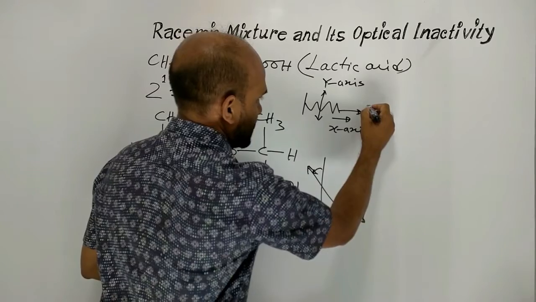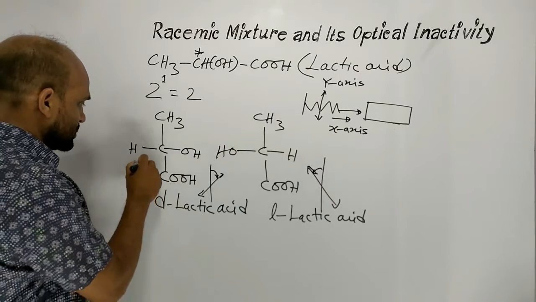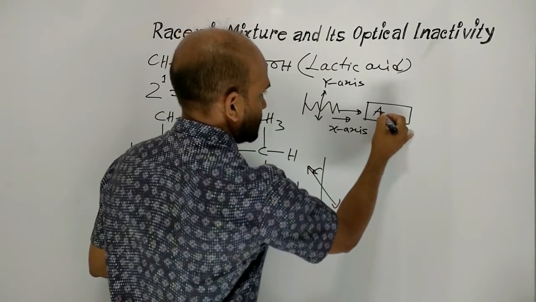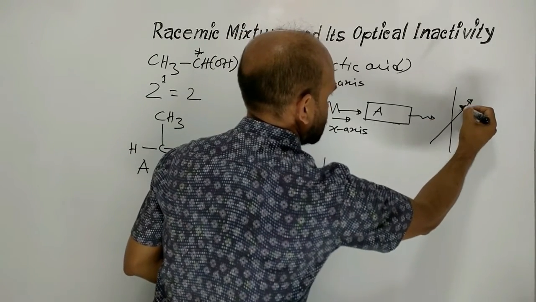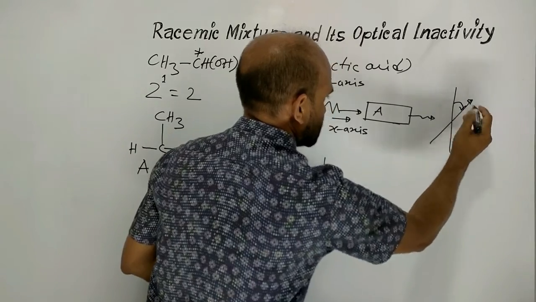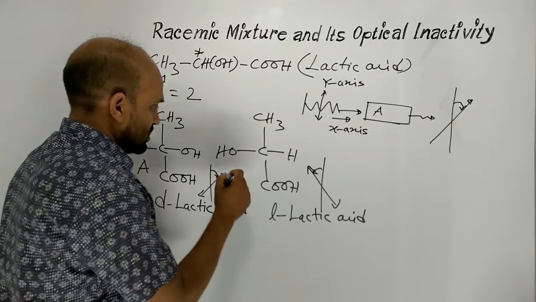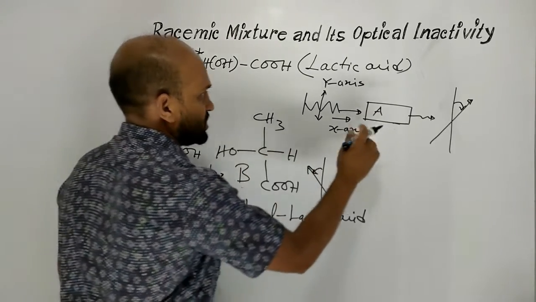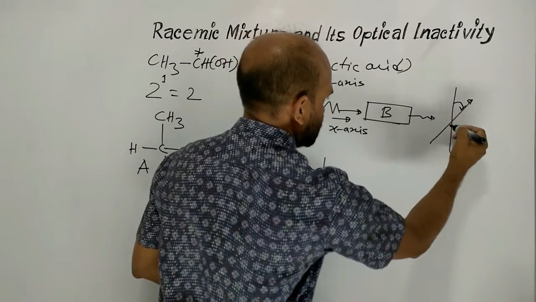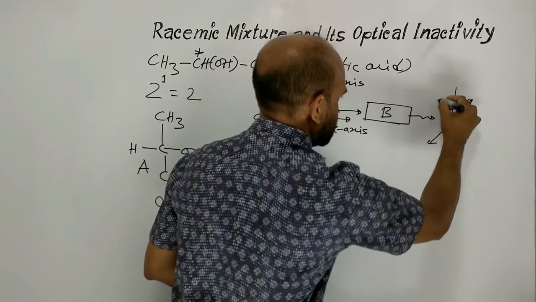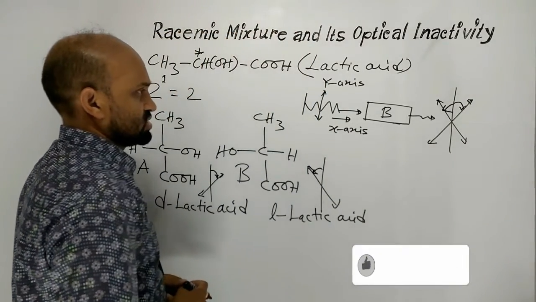When this plane polarized light is passed through the solution of this compound, suppose this is A, then the plane of the polarized light rotates towards right, clockwise direction. And again, if compound B is taken here instead of A, then we see that the plane of the polarized light rotates towards left, anti-clockwise direction.